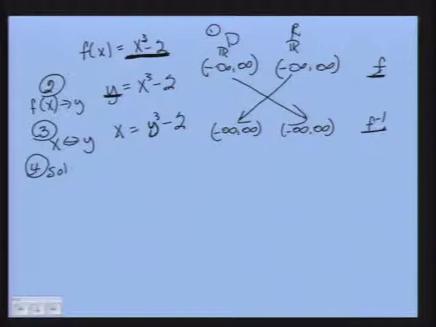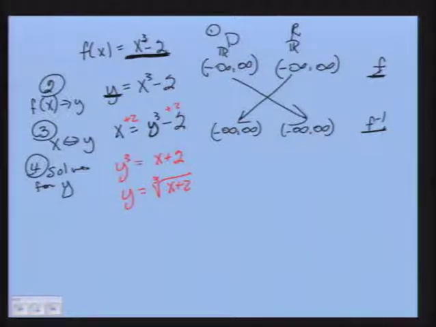We're going to solve for y. So if I want to get y by itself, I'll add 2 to both sides, and I will have y cubed on one side and x plus 2 on the other side. And then if I take the cube root of both sides, I get y equals the cube root of x plus 2.